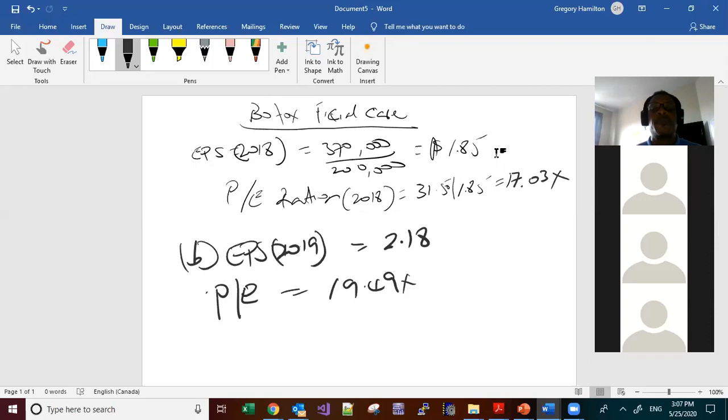So, Professor, is it better to have a higher PE ratio, or is it better to have a lower one? Okay. It matters if you're investing, not really if you're the company.